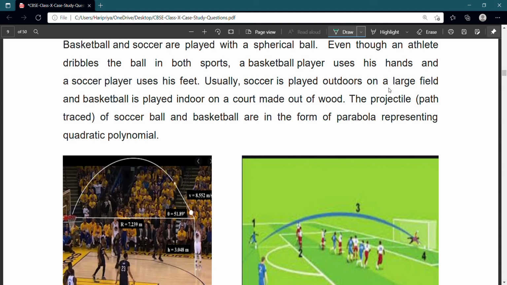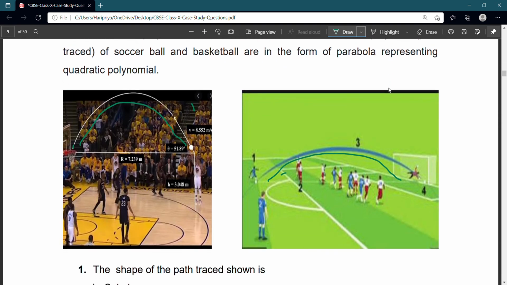This shape, we call it a projectile. The path traced by the snooker ball and the basketball is in the form of a parabola. So this is also the shape of a parabola, and this also is the shape of a parabola, which represents a quadratic polynomial.